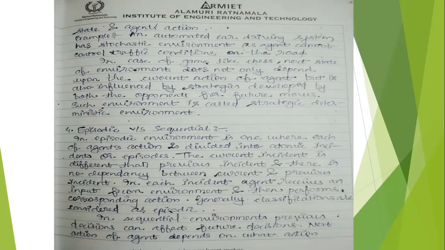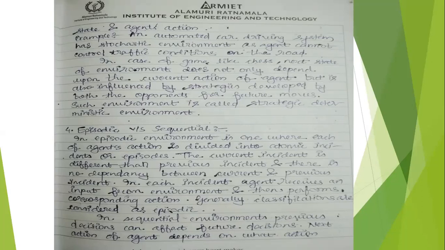Whatever inputs the agent is receiving, accordingly the actions are performed. Generally, classification problems are considered episodic. For example, classification of animals, plants, or AI agents. These classifications are different. Each has individuality. They are not interdependent on each other.